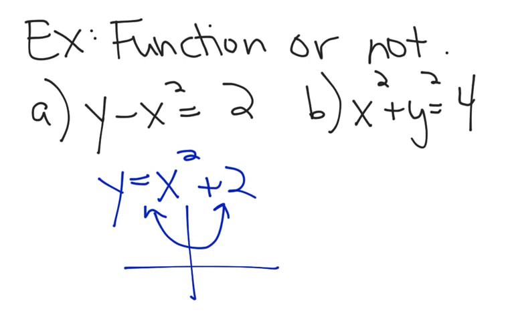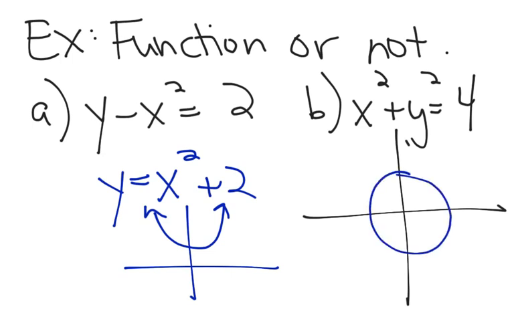Well, those are functions. B, x squared plus y squared equals 4, well, that's just a circle whose center is at the origin and whose radius is 2. Not a function. A lot of times if you have an equation that has an x squared and a y squared, it's not going to be a function. Another way that you can tell it's not a function is if you do this. Let's say you try to solve this for y.